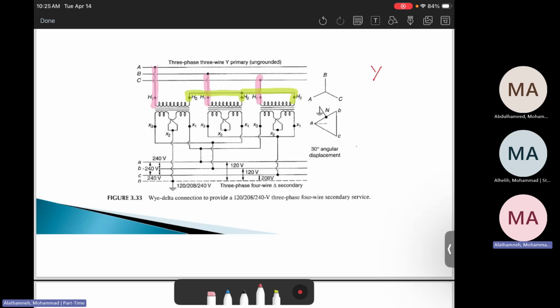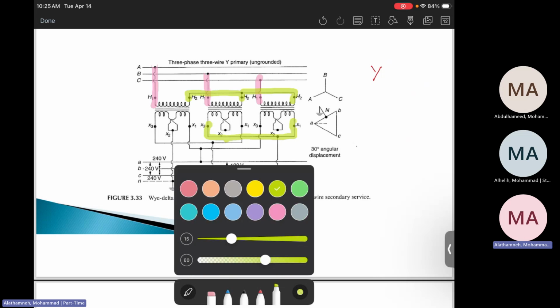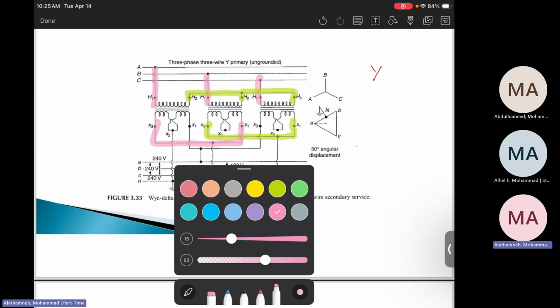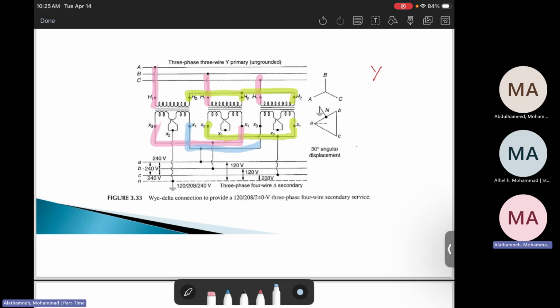The secondary is connected as delta because here the entering or the X1 is connected to the positive, here to connect to the negative side, then the positive here connected to the negative side, and the positive here connected to the negative side. Then the phases will be connected. This is phase A, B, C, and we created the virtual neutral in the middle between A and B to create the neutral.